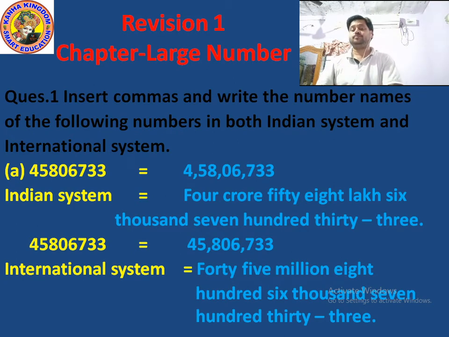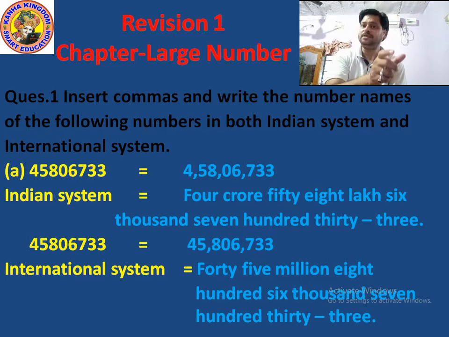Okay, so in ones period 3 place values, what are they? Ones place, tens place, and hundreds place. After that thousand period, and what are the place values? 1000 place value, 10,000 place value, and 100,000 place value. And after completing thousand period, move to millions period, and here also 3 place values.